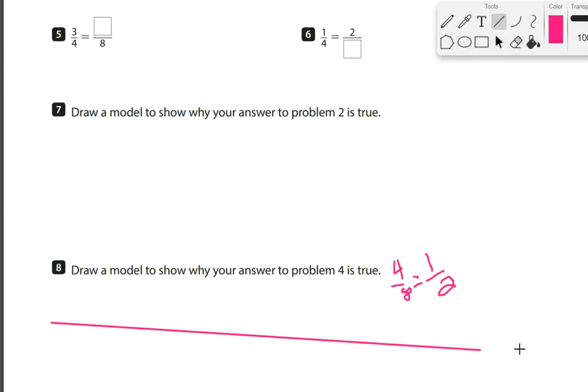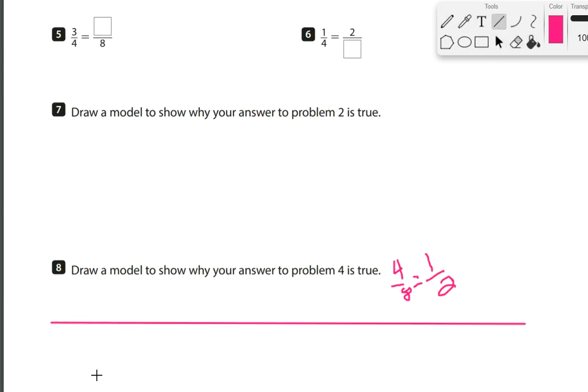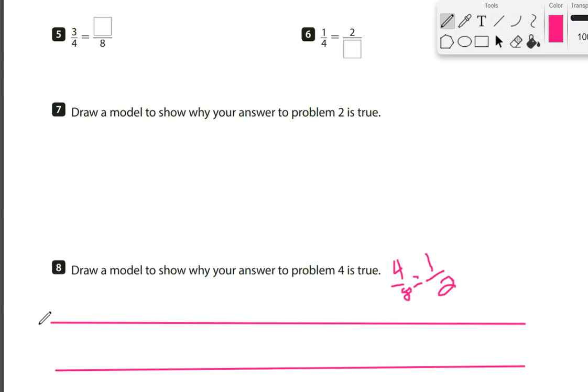Again, I'm going to draw my number line. I'm going to try and draw them very large to make spacing them out a little bit better. If you want to draw these with squares instead of number lines, go for it. Remember, when we model with squares, they have to be exactly the same. All right, there's 1/2. That was pretty great. We love drawing 1/2 on a number line.